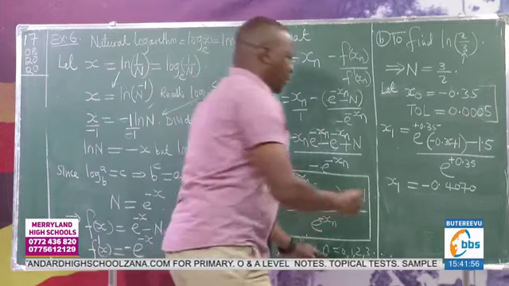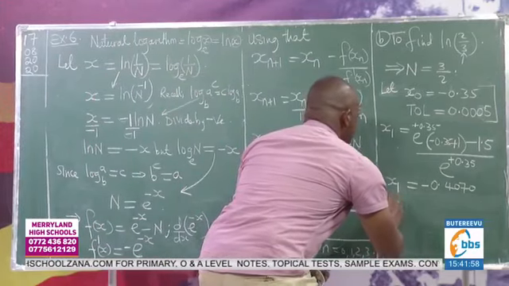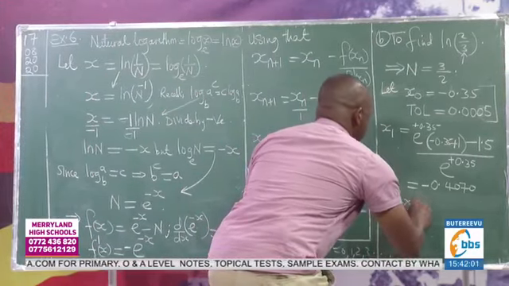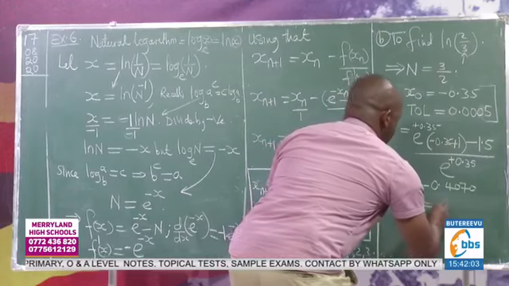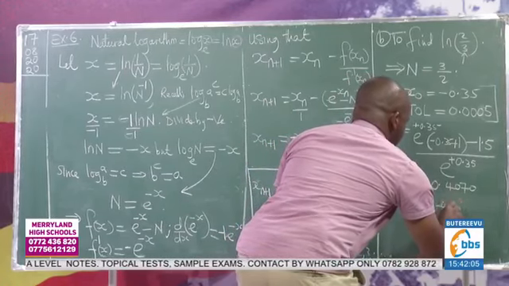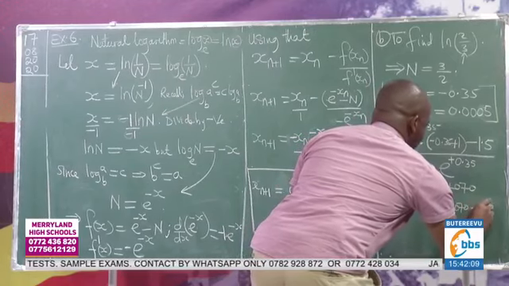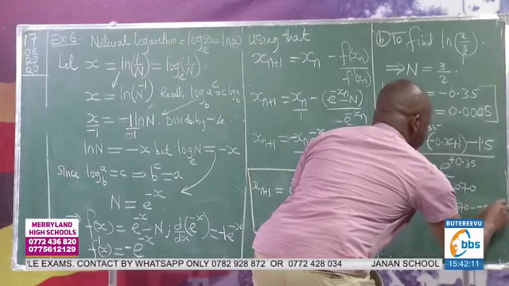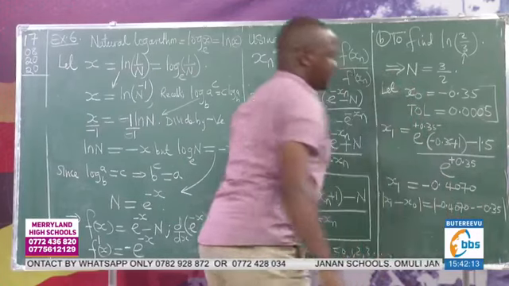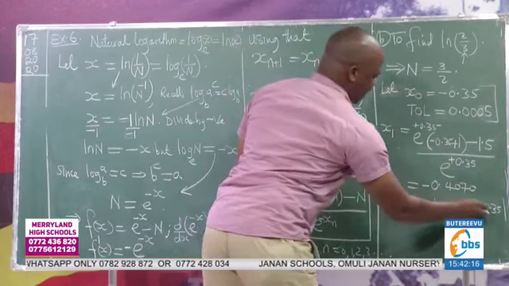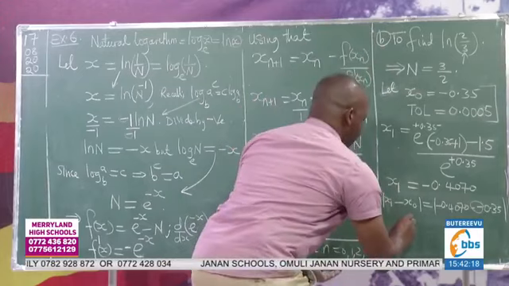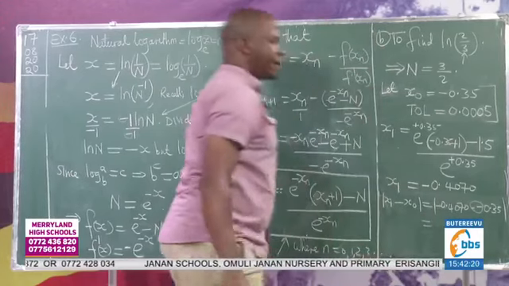We check for the convergence, x1 minus x0. We have our negative 0.4070. We take away 0.35. We take the modulus. Of course, this is going to become plus. If you get to this modulus, it will give you a value.